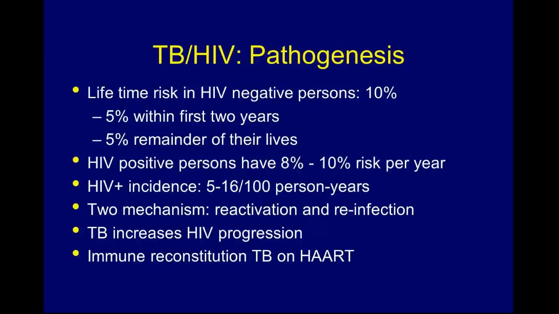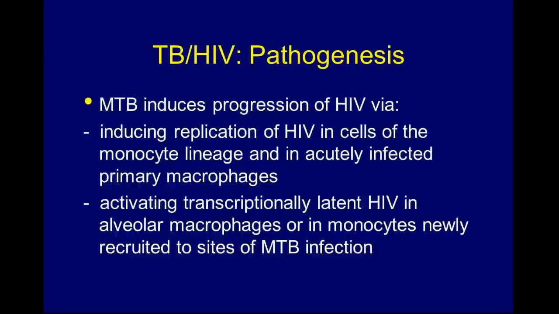Pathogenesis, we already mentioned that for HIV positive patient, you have an ongoing risk of TB becoming active, 10% per year. 2 mechanisms, either reactivation or reinfection. And of course, we have to remember about reconstitution. And there are well-described pathways, but at least if you guys see those on your exams, you are able to recognize them.